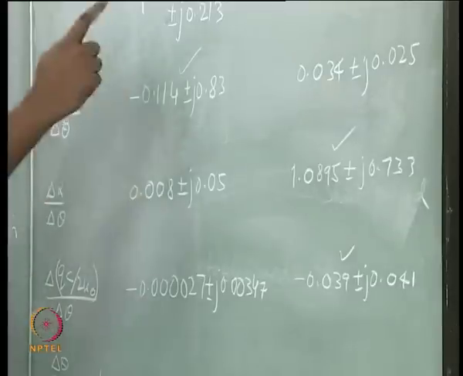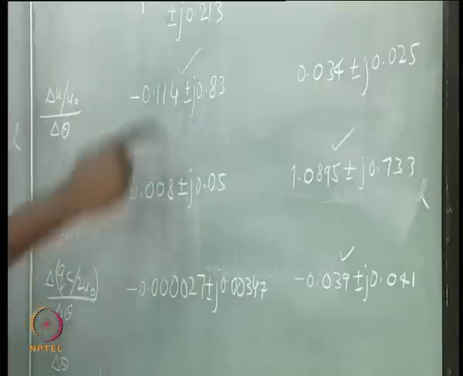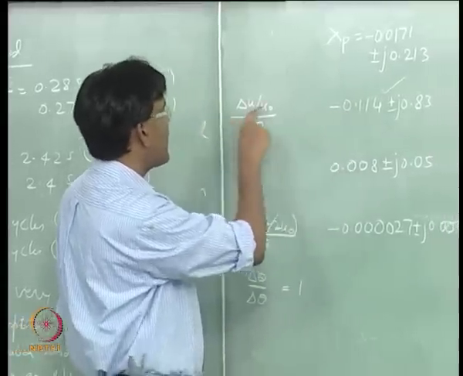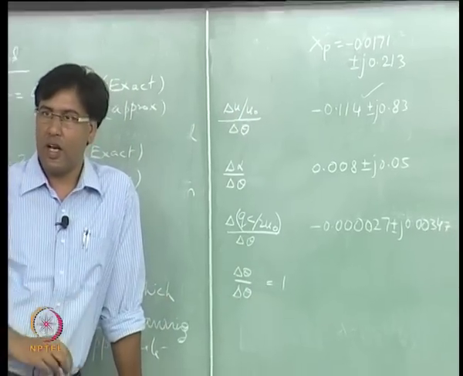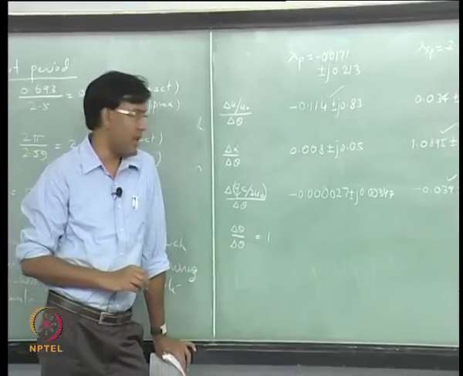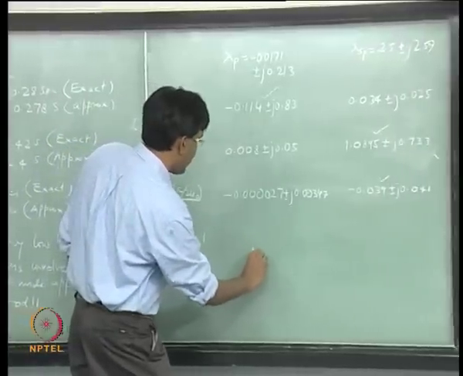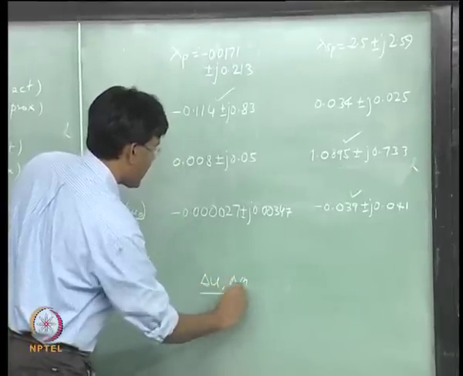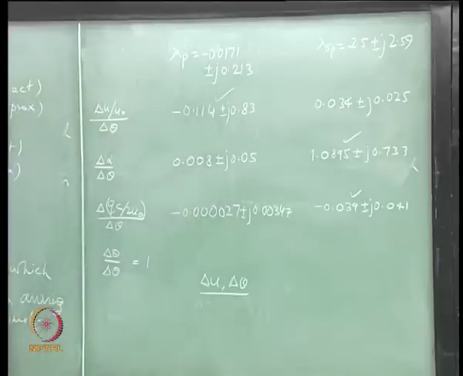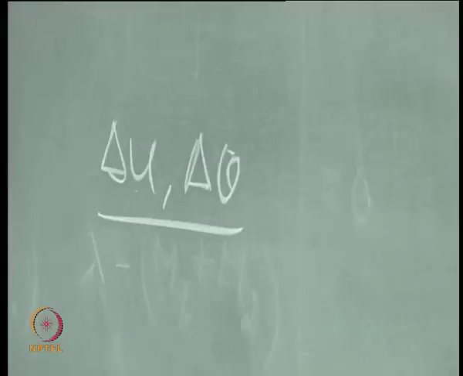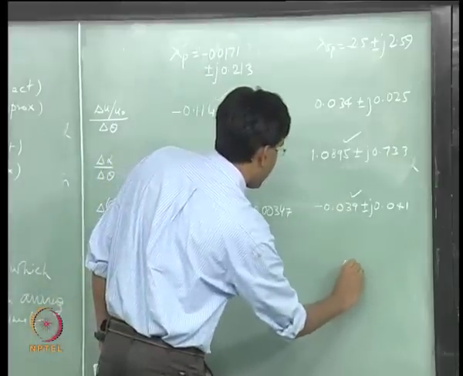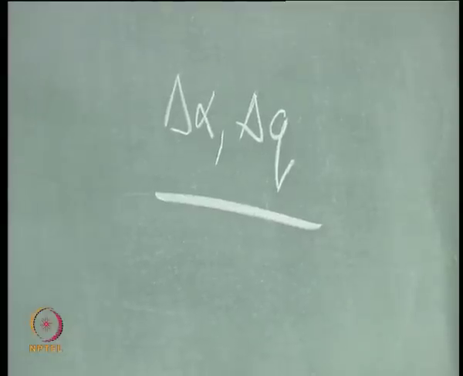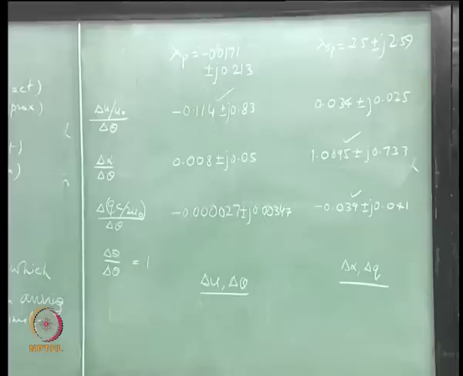In this column, the eigenvector corresponding to the phugoid mode eigenvalue, you see the magnitudes of delta u and delta theta are large, right, and that was the reason why we kept delta u and delta theta as important variables in phugoid mode, right, and here delta alpha and delta q, right.